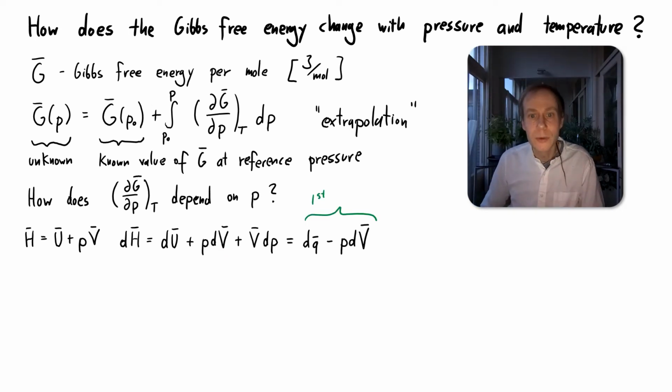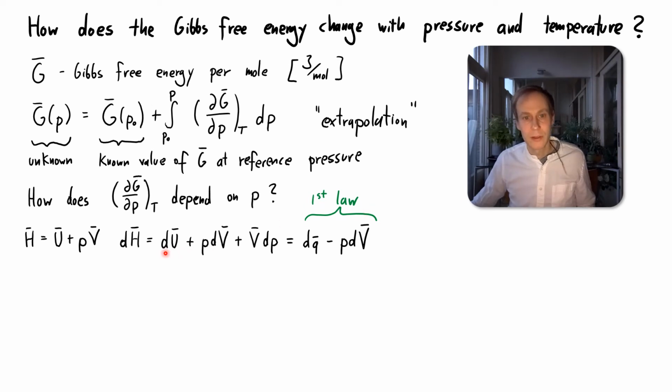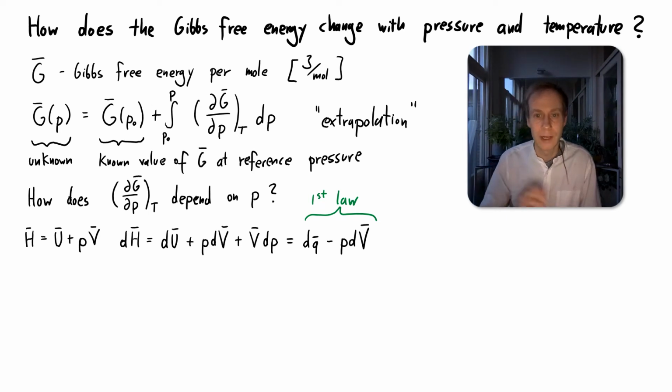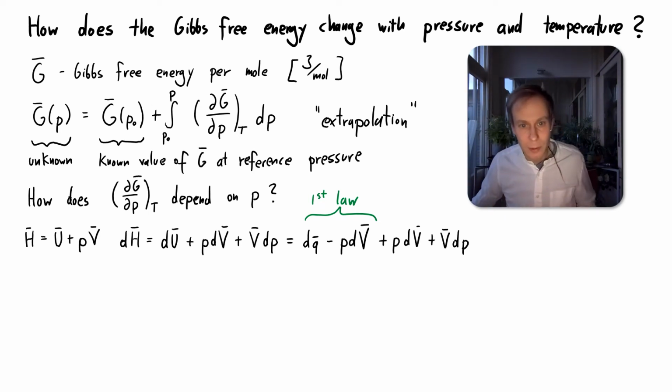Now the dU can be expressed with the first law of thermodynamics. dU is simply the heat that flows minus the volume work, PdV. We do not consider non-volume work here, so only a classical system. And then the remaining two terms, plus PdV and plus VdP.